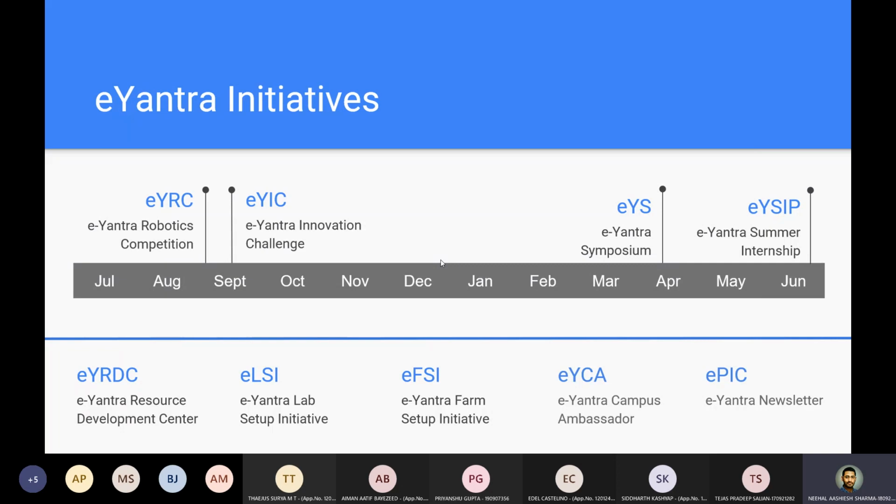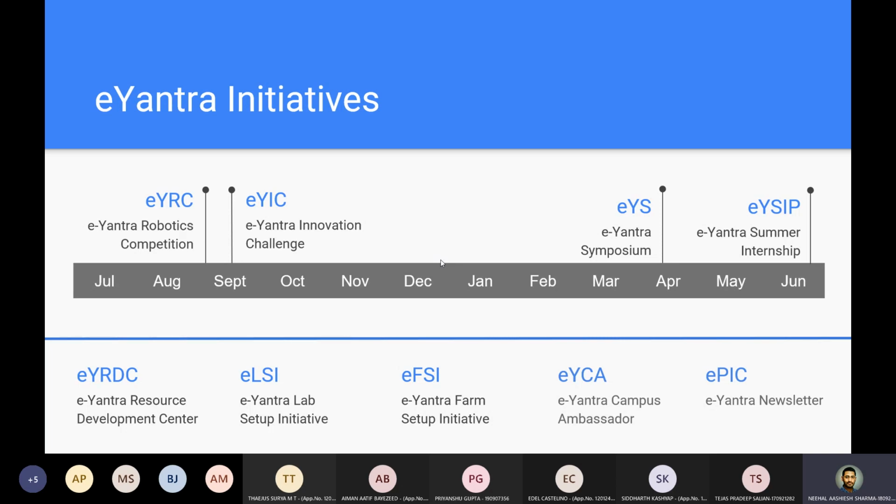And the e-Yantra Summer Internship is a program for winners of all the previous challenges and events, where you can come to the e-Yantra cell in IIT Bombay and work on an internship. For now, I'll be focusing more on the robotics competition later on.